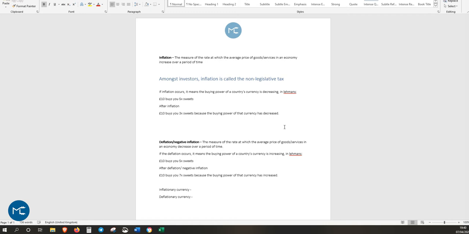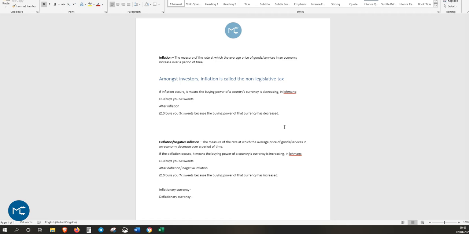Non-legislative meaning it's not actually mandated by the government, right? It's not a law that you have to pay this quote-unquote tax, but really and truly it is a tax because every year through inflation your purchasing power decreases over time.